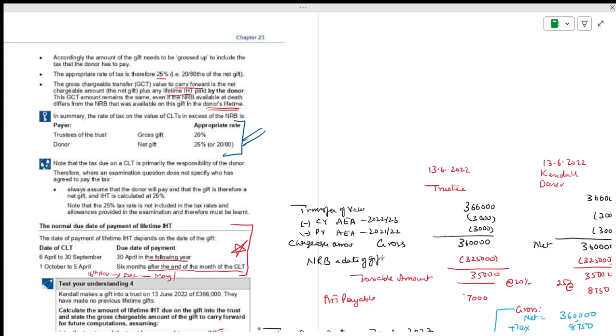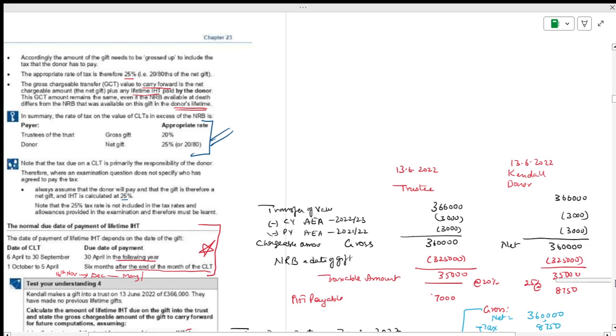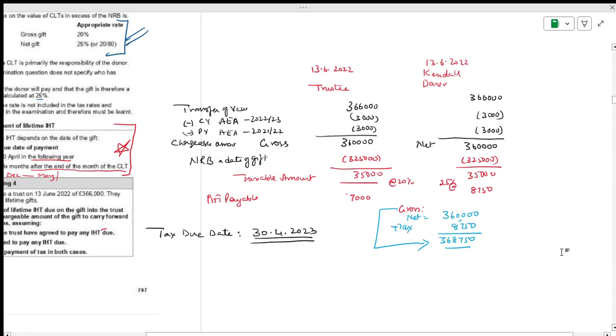IHT is calculated on 25%. What have we done here? We have calculated 25% on the taxable amount. This is just understanding.